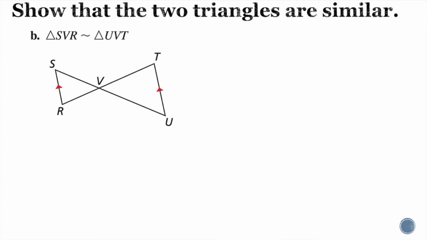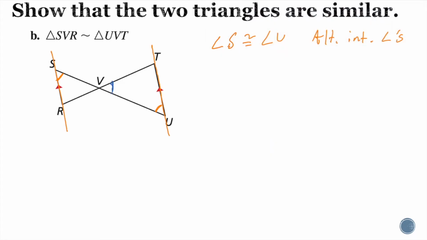Last one before we move on to the next theorem. Here again I have two triangles, but in this case I have line segment SR is parallel to line segment TU. This is significant because that means that angle S is congruent to angle U, because they are alternate interior angles.